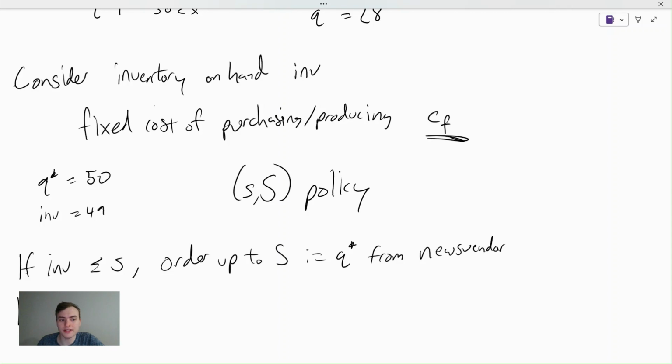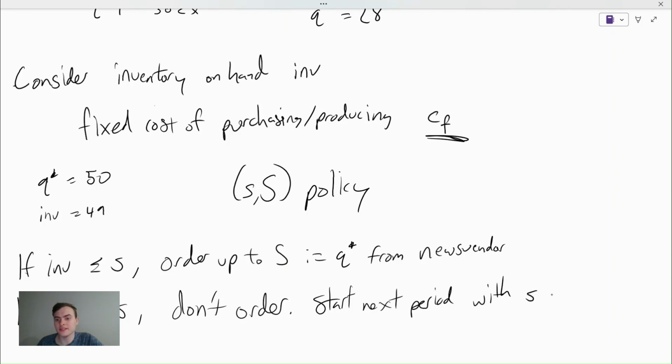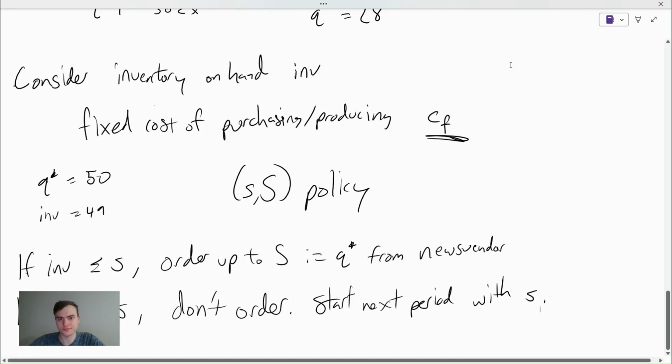If our inventory is greater than little s, then we're not going to order, because it's more cost efficient to just start the next period with INV on hand, that quantity available to be sold.